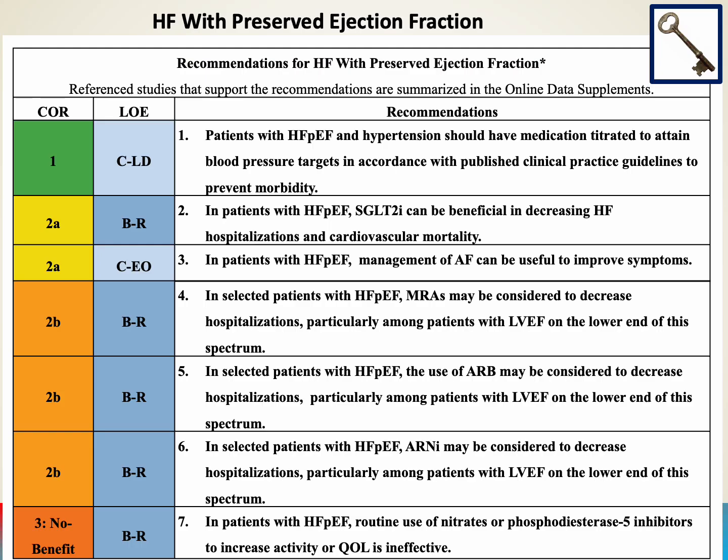And then the recommendations with preserved ejection fraction, EF above 50%. For the most part, you're aggressively managing everything else cardiovascular-wise: hypertension, also diabetes, and giving them sort of the full gamut.